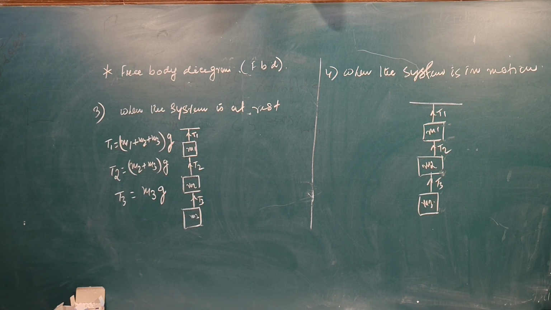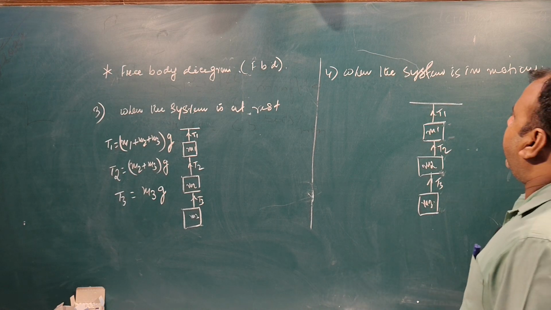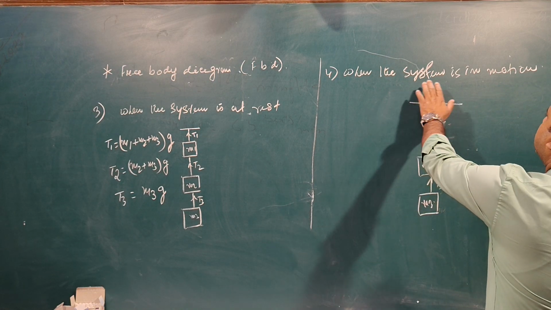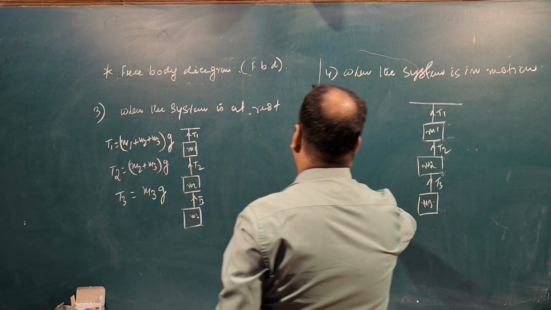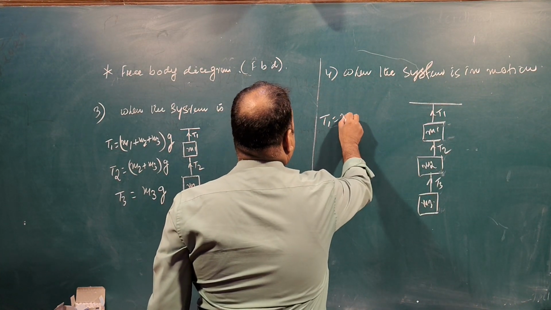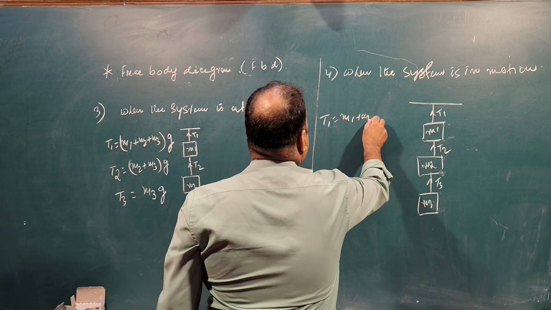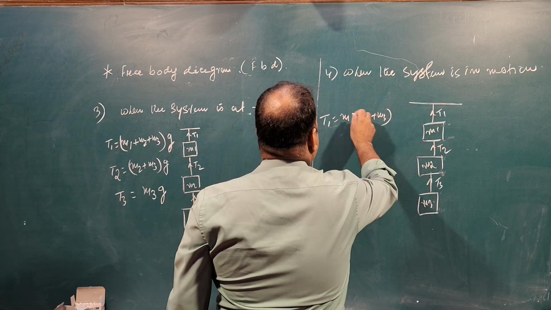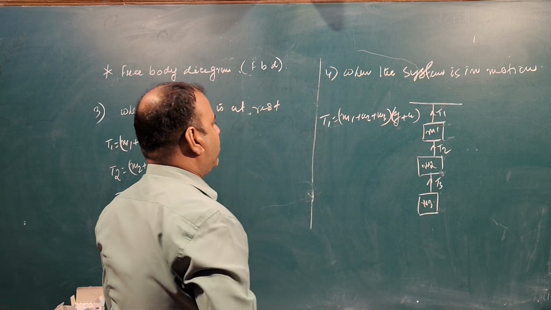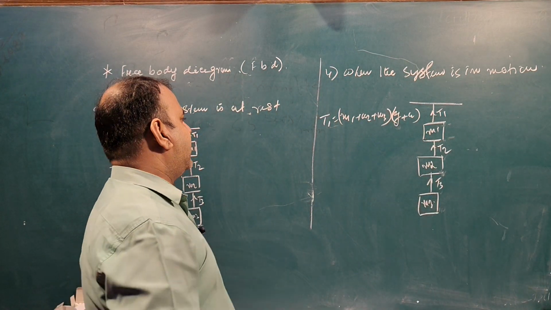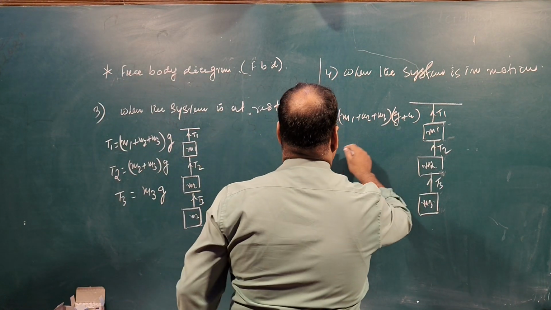In this case, according to our heading, when the system is in motion, the formula will be T1 is equal to M1 plus M2 plus M3 into g plus a. So when the system is in motion, at that time we have to use g plus a.